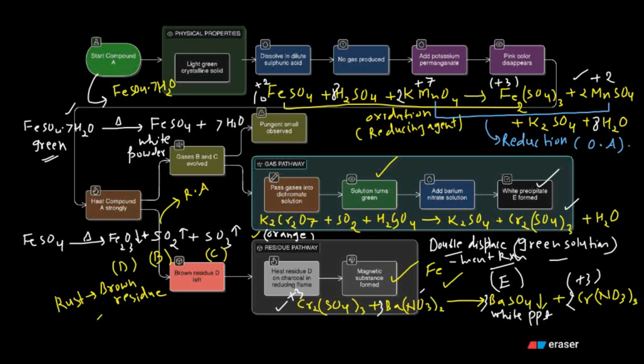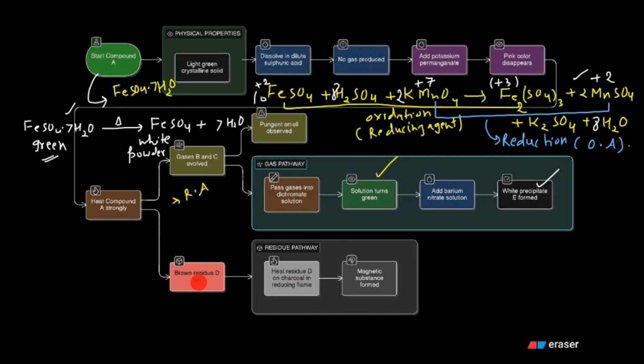You can take a snapshot of this, because I am removing this from here, as I need to go for the last step. This brown residue, which is D, when heated strongly on charcoal in a reducing flame, forms a magnetic substance.